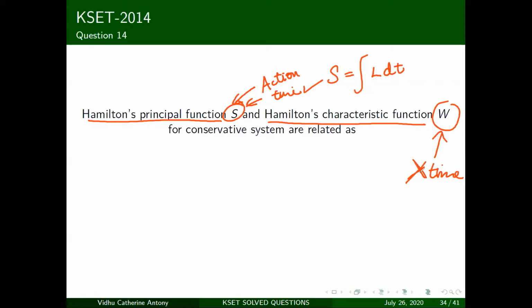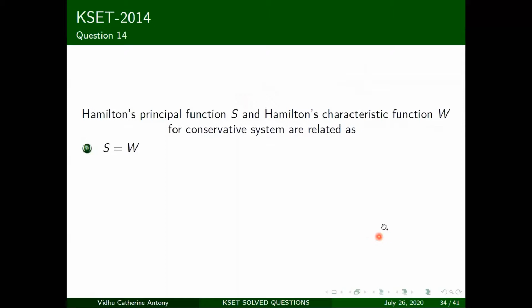So let's look at this. You have S equal to W, S equal to Et, S equal to W plus Et, S equal to W minus Et. You get confused because E is basically some kind of a constant. In the text I was referring to, this is alpha, but it is also an energy term. Basically it is energy, but in the textbook I was referring to, it was alpha.